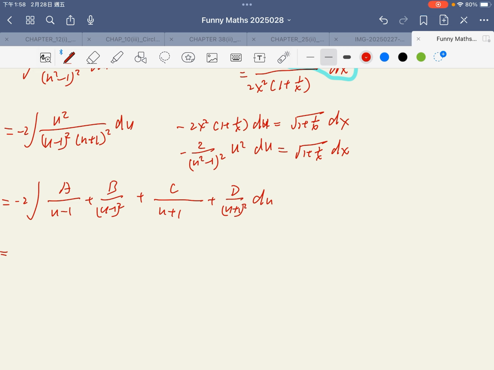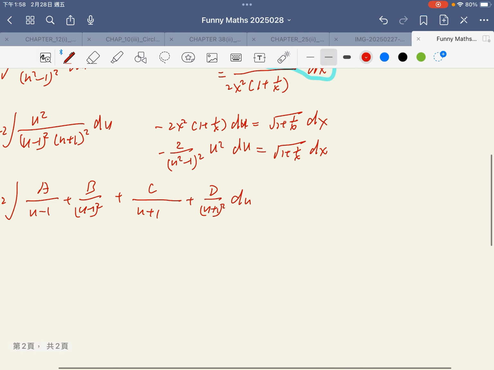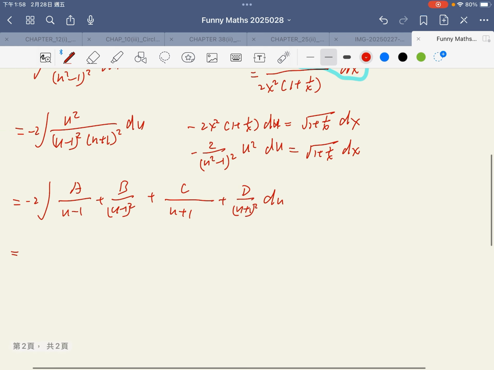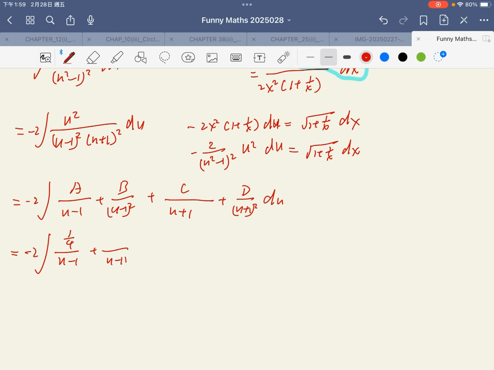The next step, we have to calculate the values of A, B, C, D, but I think I had better skip this one. Here, I finally found the values of A, B, C, D. A is equal to 1 over 4, B is equal to 1 over 4, C is equal to negative 1 over 4, D is equal to positive 1 over 4.